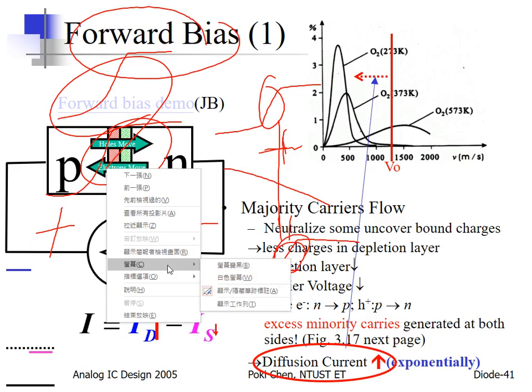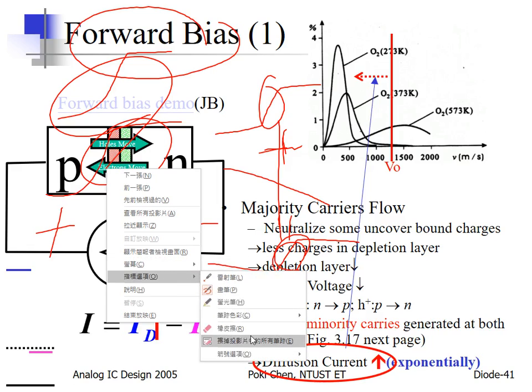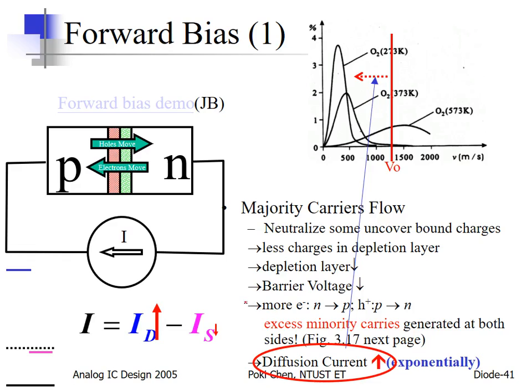Fantastic. Again, from the very beginning, without any kind of bias, ID and IS are the same, right? But by applying forward bias, the barrier will become smaller. What you can expect?